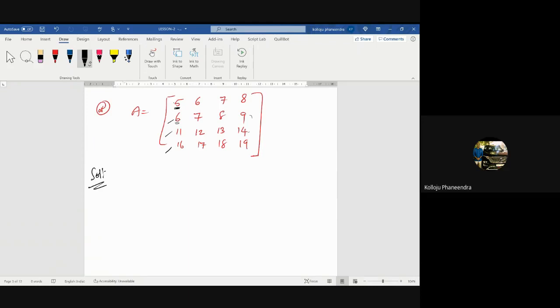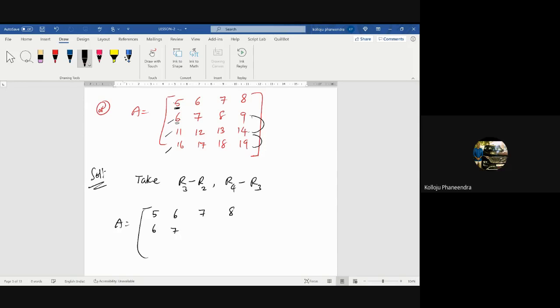See, if I subtract these two, done, and these two, what is the operation here? Take R3 minus R2, R4 minus R3. Then what does the matrix A become? 5, 6, 7, 8.